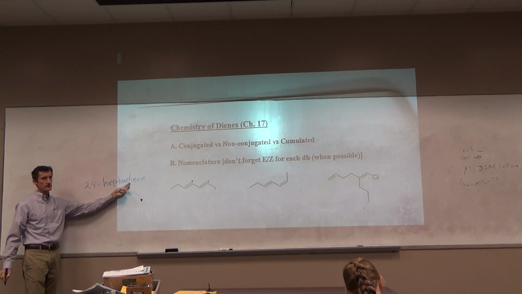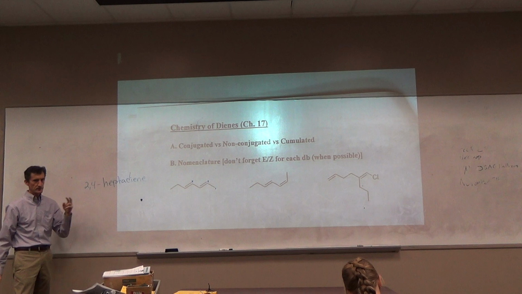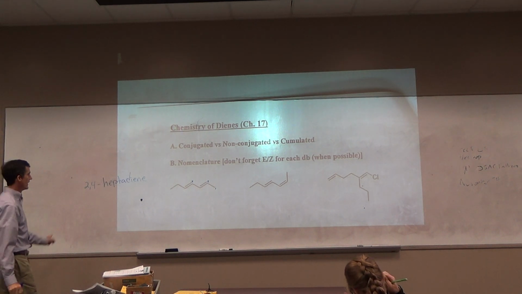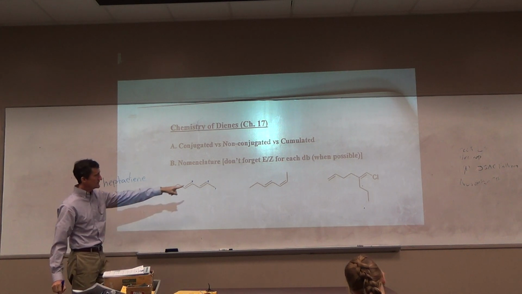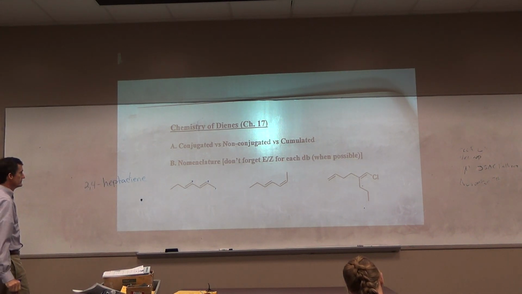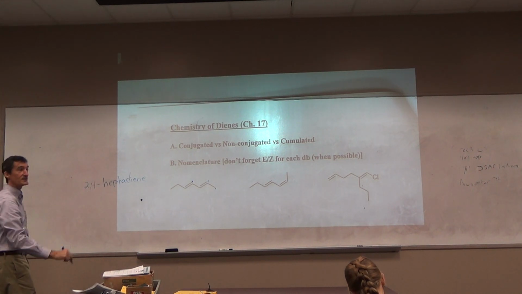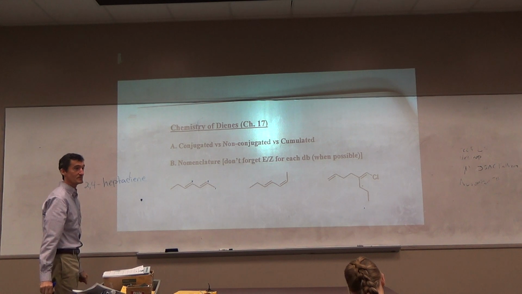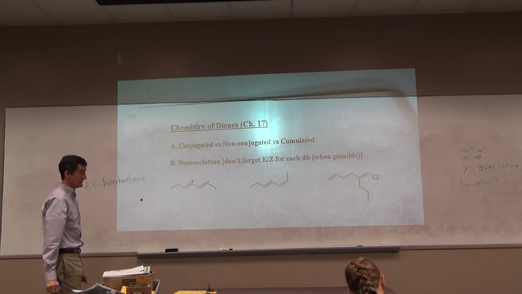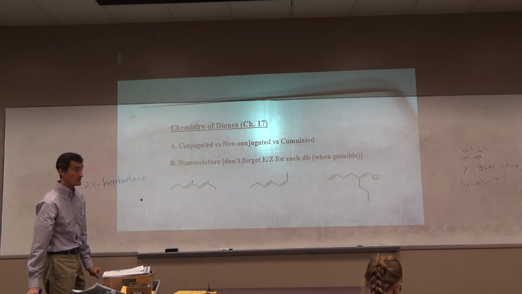You've got two enes, in the 2 and 4 position. It's 2,4-heptadiene. Well, what's the next compound? It's also 2,4-heptadiene. It's a stereoisomer.